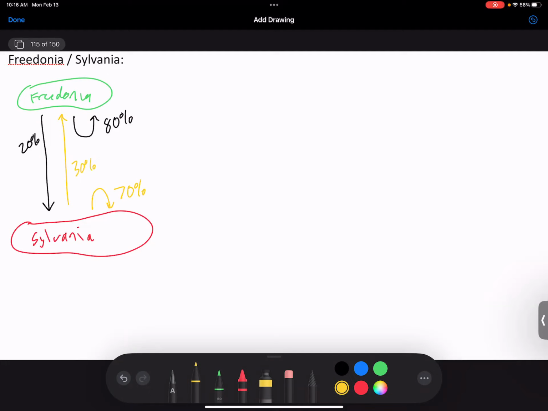And then I can give you some initial population. So we start with maybe A in Fredonia and B in Sylvania. Maybe I guess Sylvania only has one n.